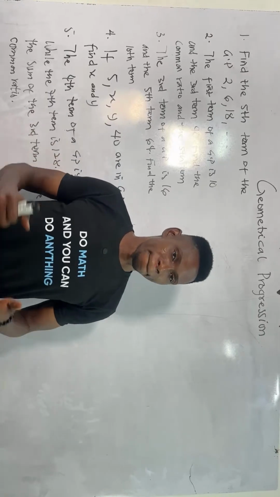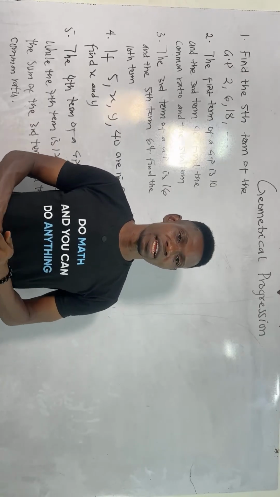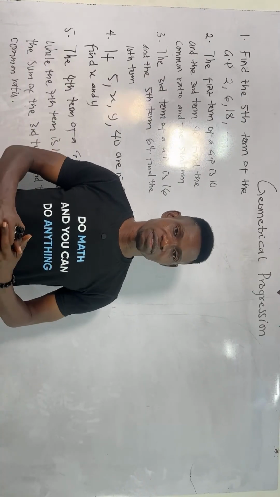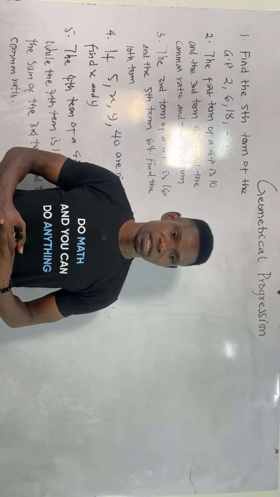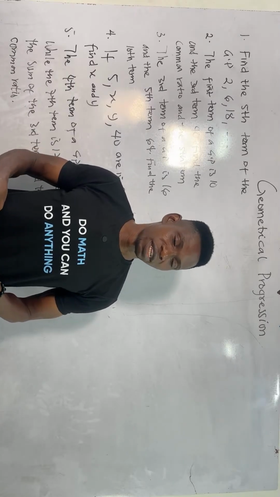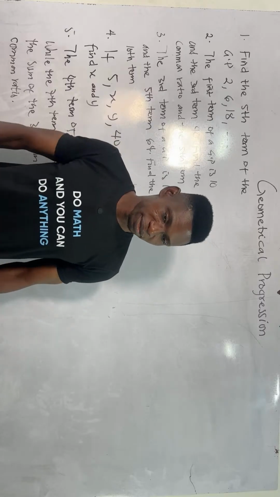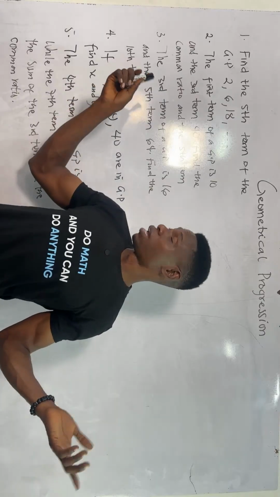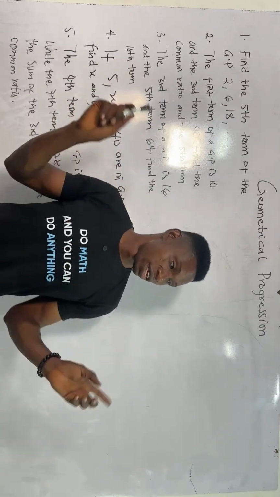So can you hear me clearly? If you can hear me clearly, type 1 before we start. Let's be sure everything is fine. Type 1. And can you see the board clearly?